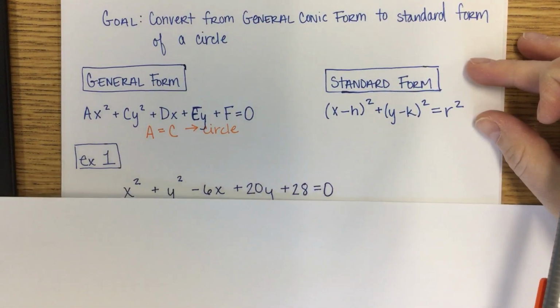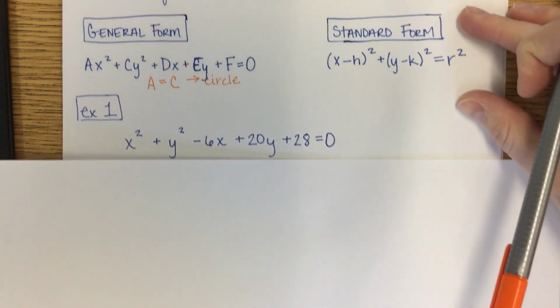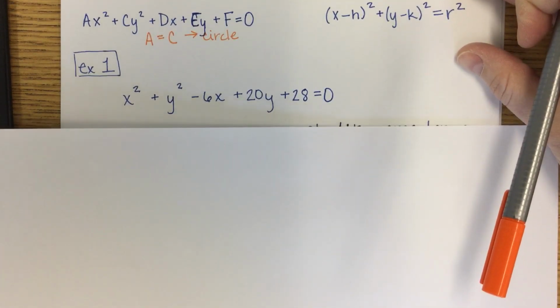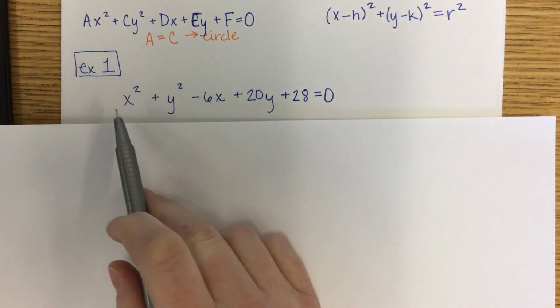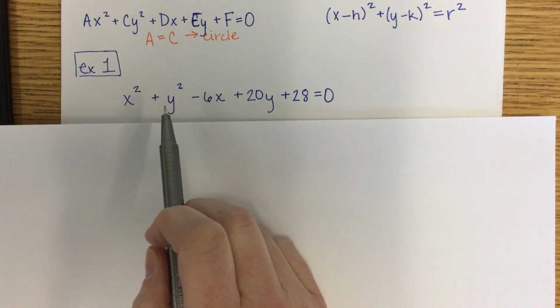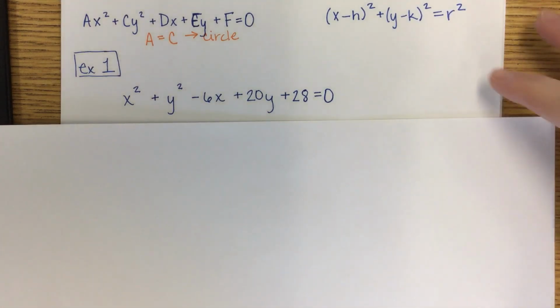When we take a look at this first example, if we were looking to identify whether it is a circle, the coefficient of x squared is 1, the coefficient of y squared is 1, so it is a circle.